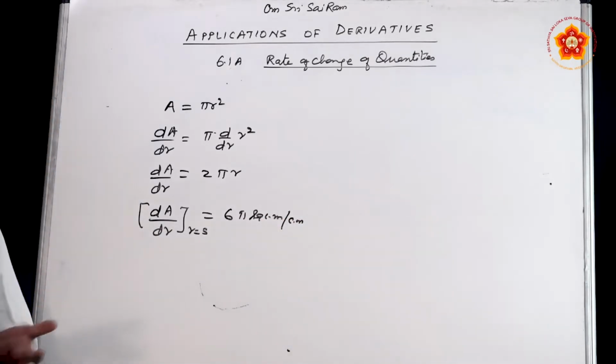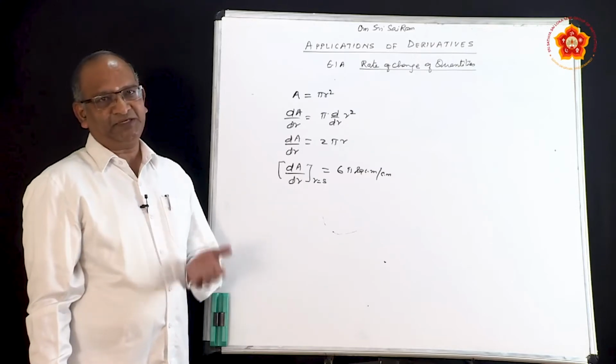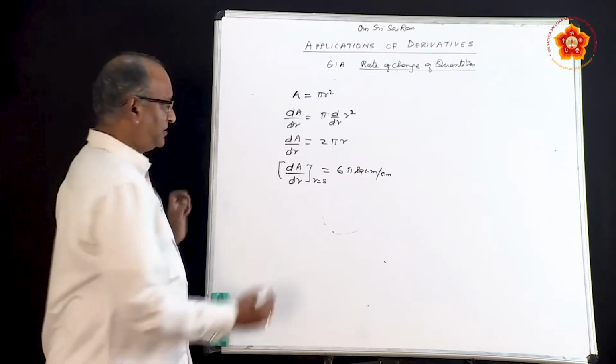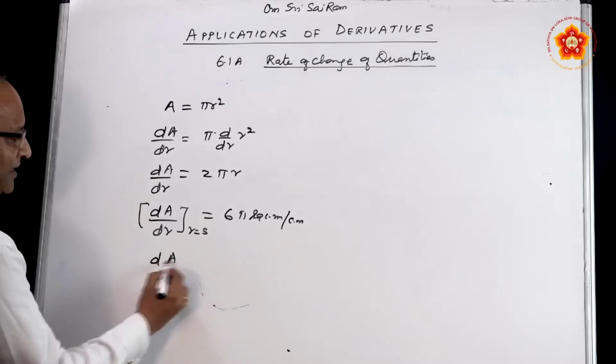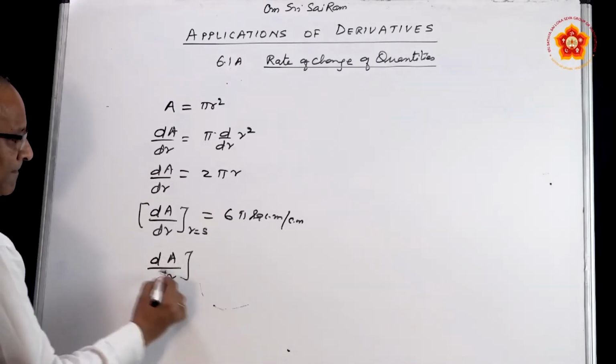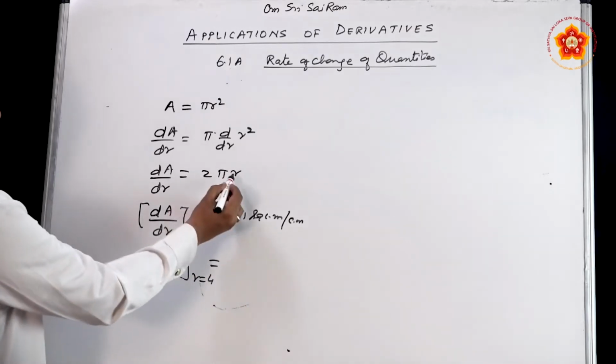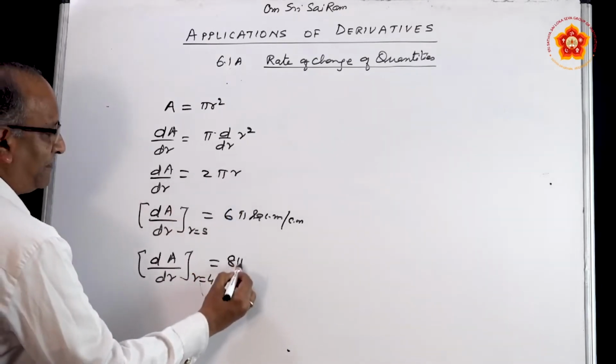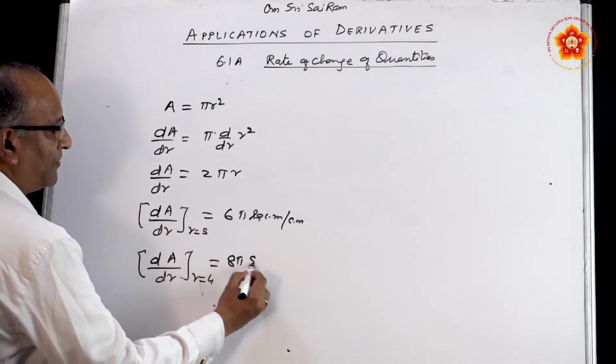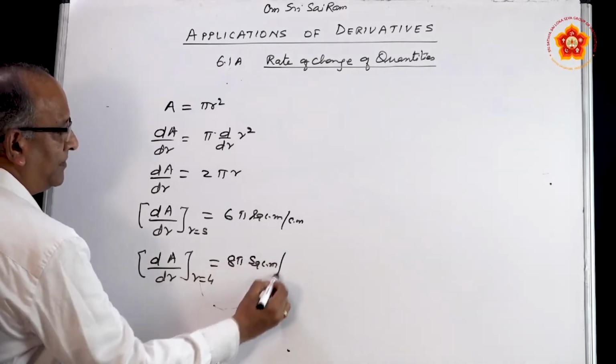In the same problem, the second case, if the radius is changed from 3 to 4, find out. So, it is going to be dA by dr when r is equal to 4. In place of r you substitute 4, you will get 8 pi square centimeters per centimeter.